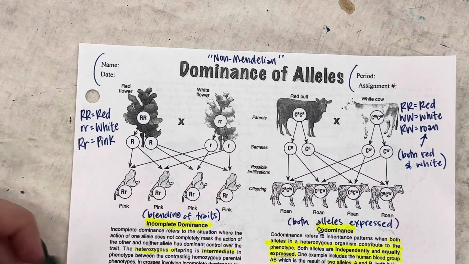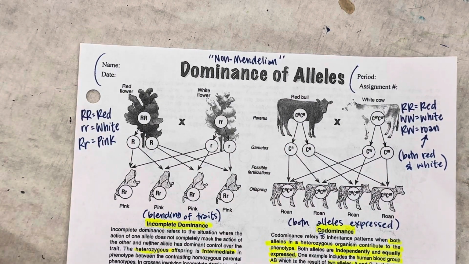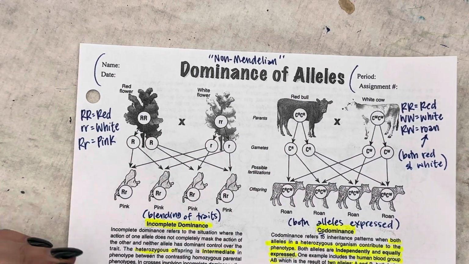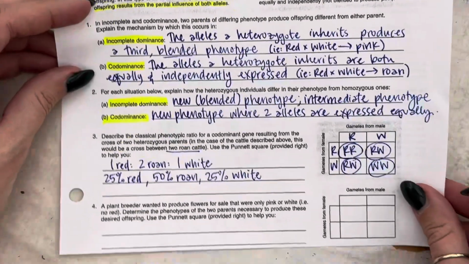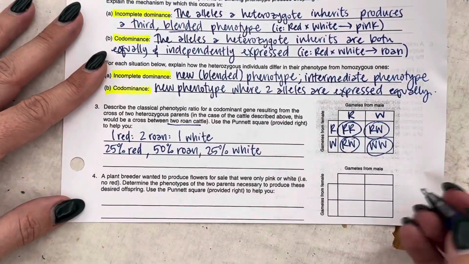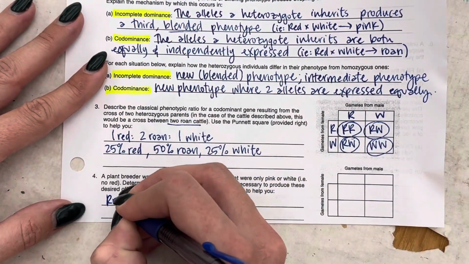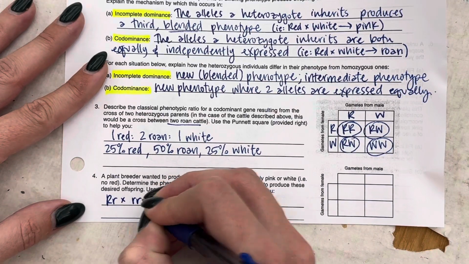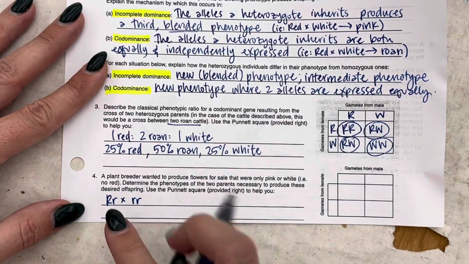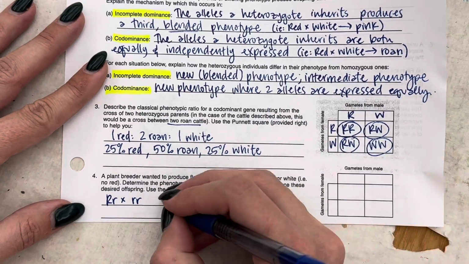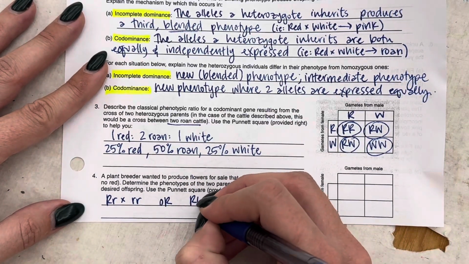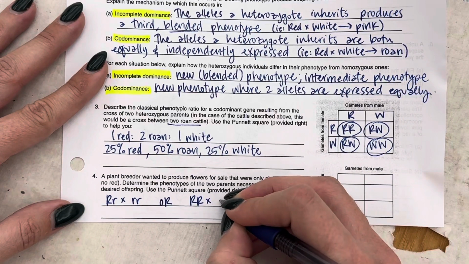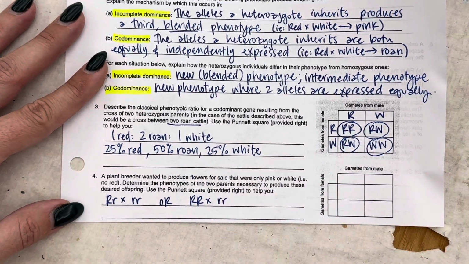So there's a couple ways we can do this cross. If we only want pink or white as possibilities for our offspring, you could set up a Punnett square that is between a pink flower and a white flower. You can set it up here. Or you could cross a red flower with a white flower.